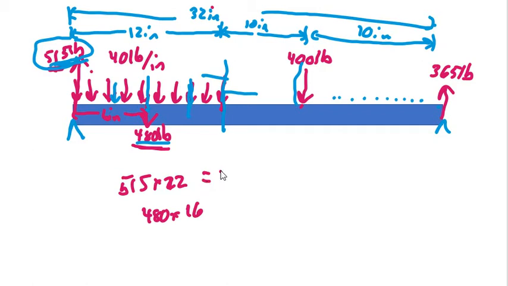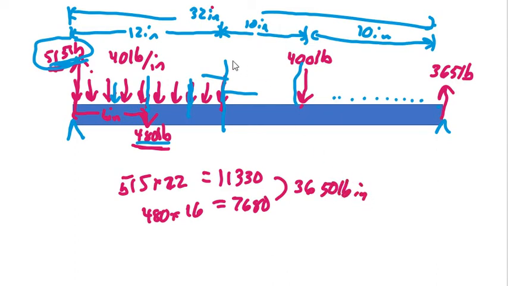This would be a positive moment. This would give me a positive moment of 3650, and that would be pound inches.